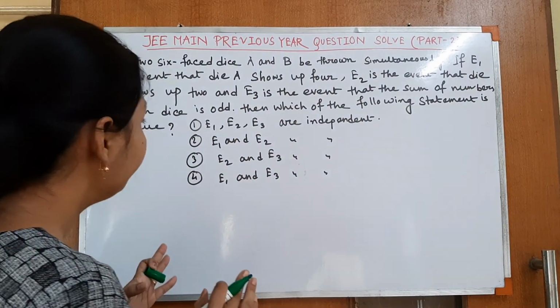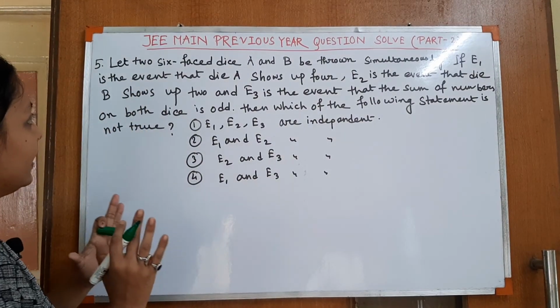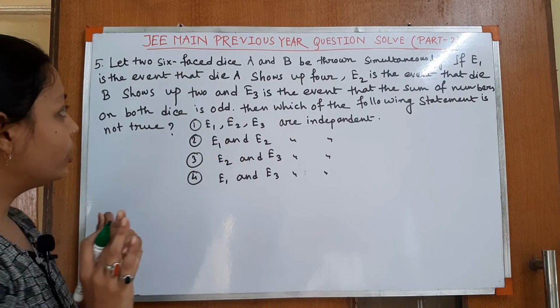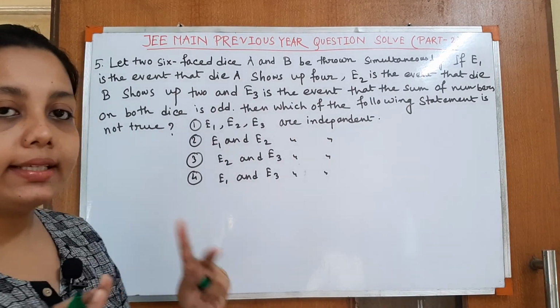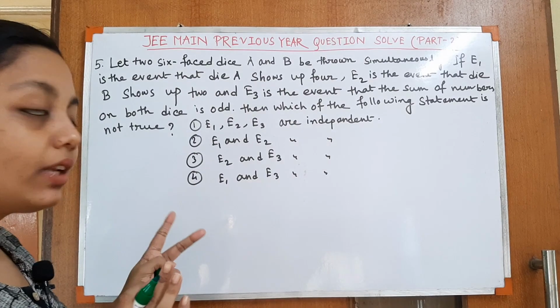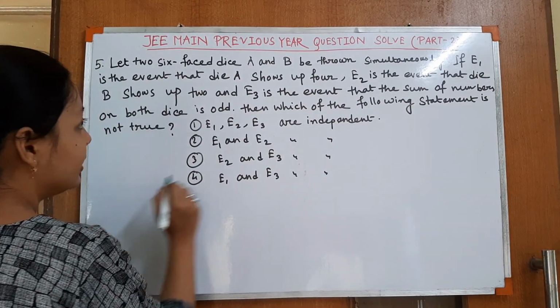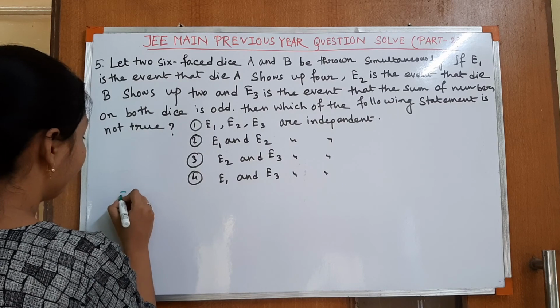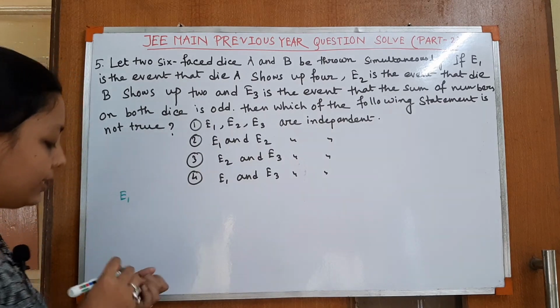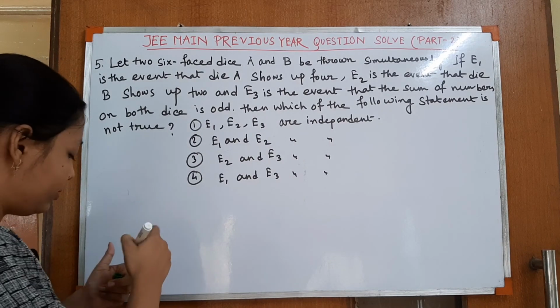So, here there are two dice and two dice are thrown simultaneously.